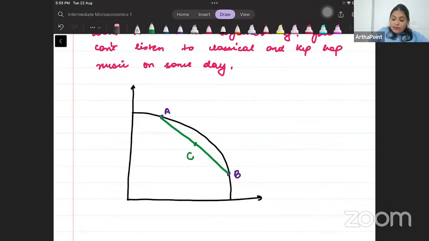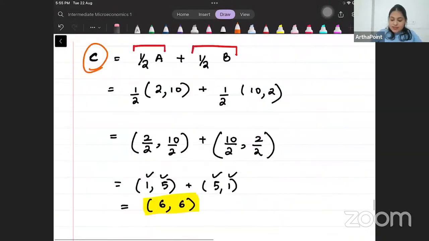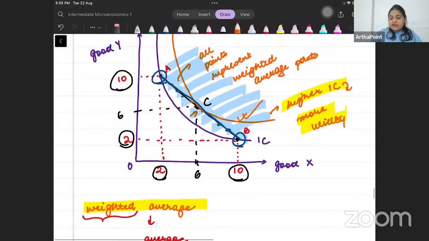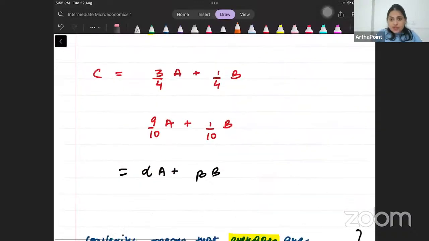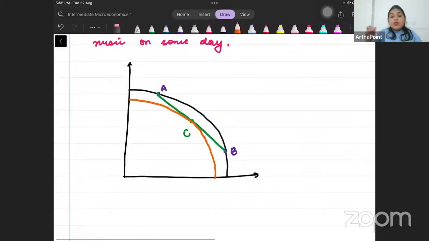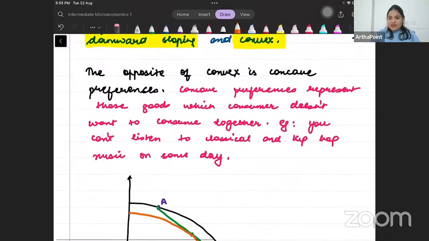But now if I pass an IC through bundle C, तो बेटा ये तो लोअर आईसी हो गया ना, ऊपर नहीं हो रहा ये आईसी। देखो यहाँ पे जब C से पास कर रहे थे, इट वाज ऑन अ हायर इंडिफरेंस कर्व। यहाँ पे जब मैं इस वेटेड एवरेज से पास कर रही हूँ, it is on a lower indifference curve. So in this case this is not convex. Weighted average is not preferred to extreme.